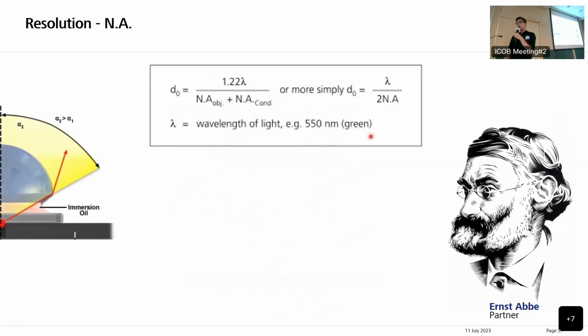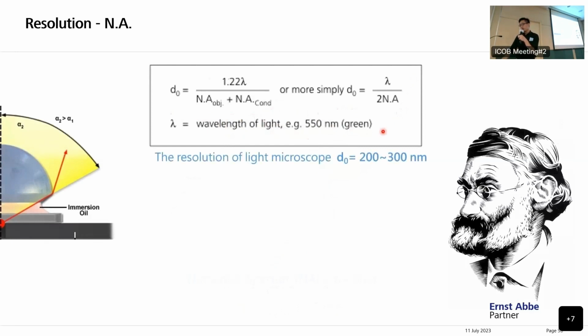So if we use the air objective lens, the NA value is around 1. So 550 divided by 2 is around 275 nanometers. This is the resolution limitation of our light microscope systems.